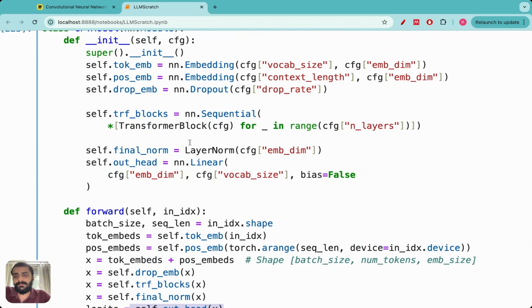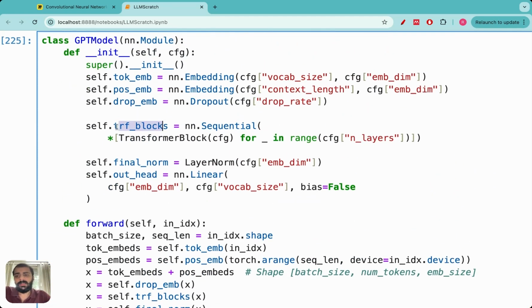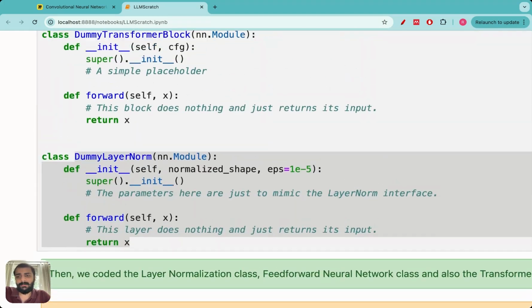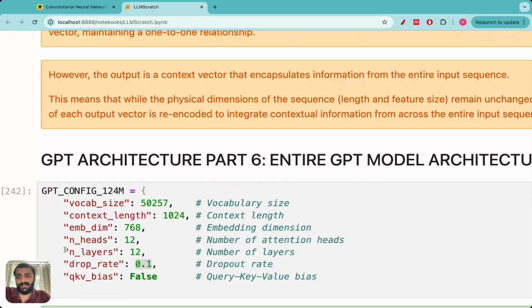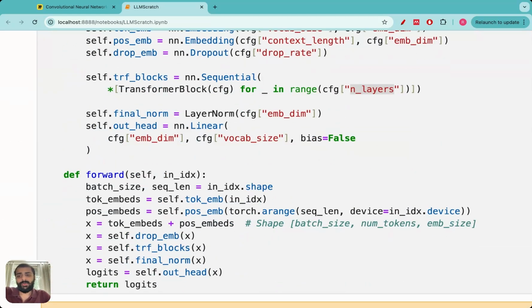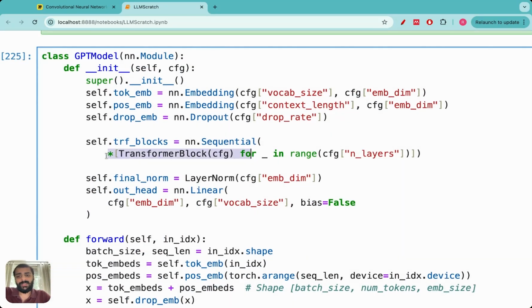That's it. Now if you see the transformer blocks, we are chaining different transformer blocks together based on the number of layers. In the configuration we have seen that the number of layers is equal to 12, right? So we are actually chaining 12 transformer blocks together using nn.Sequential. This nn.Sequential is a PyTorch module which allows us to chain different neural network blocks together.